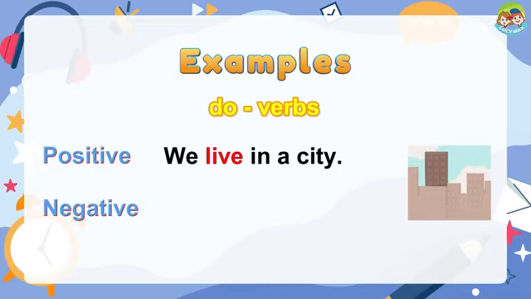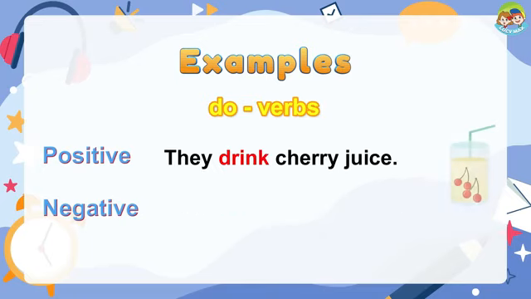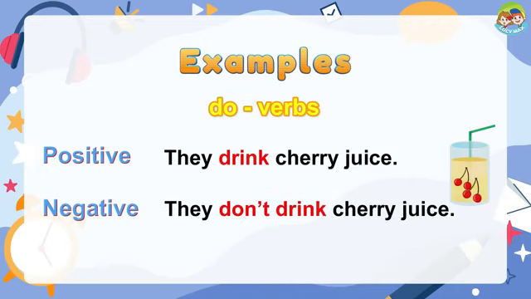We live in a city. The negative is we don't live in a city. They drink cherry juice. The negative is they don't drink cherry juice.